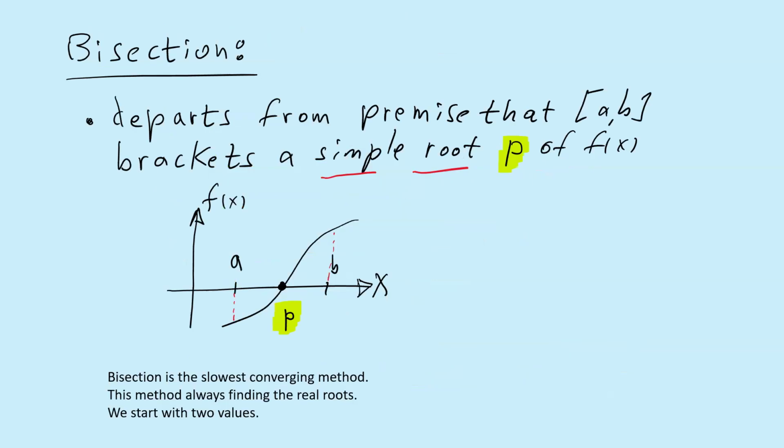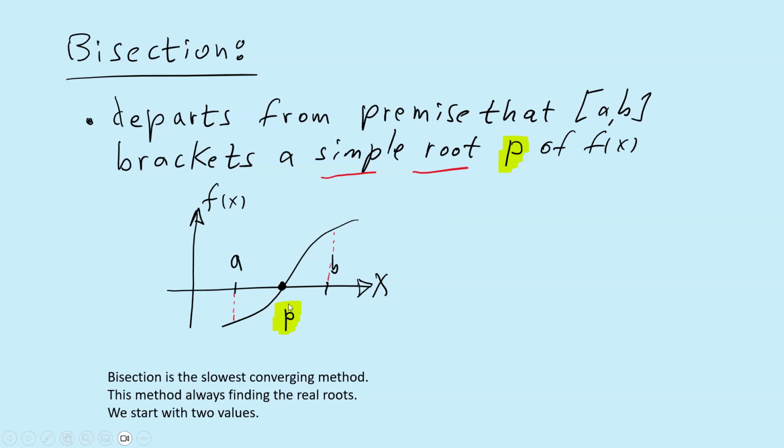Assume that the interval AB contains a simple root P for this function. Okay, again, we have this function, and as you can see, this function crosses the x-axis at the point P, and the point P is the root of this function.